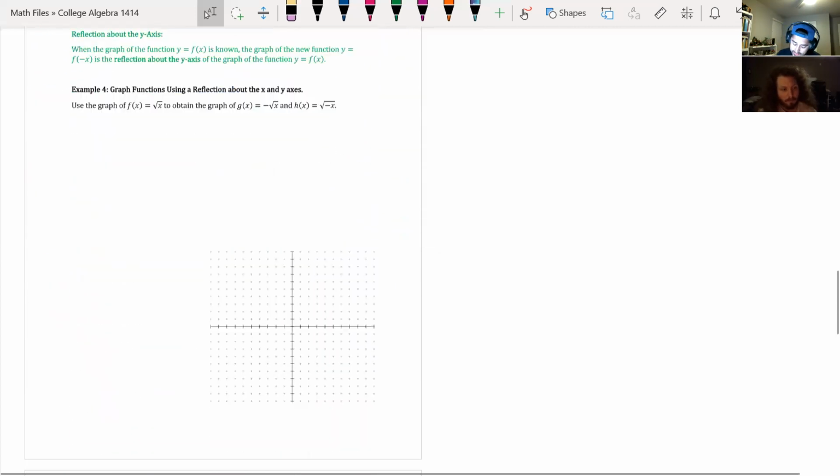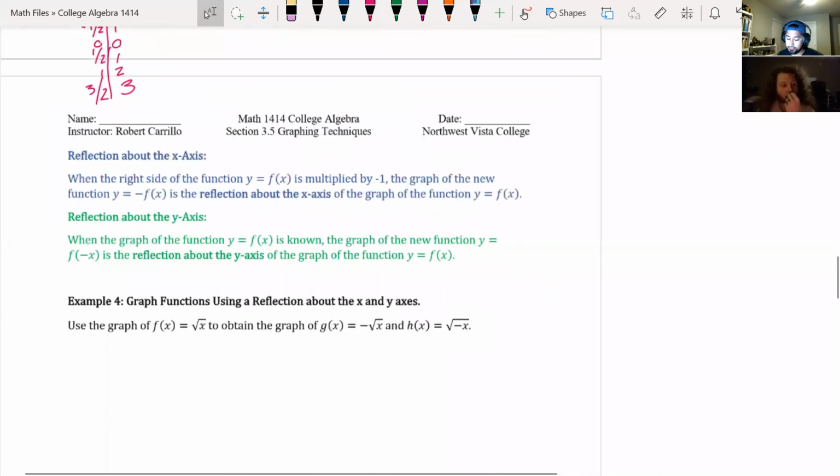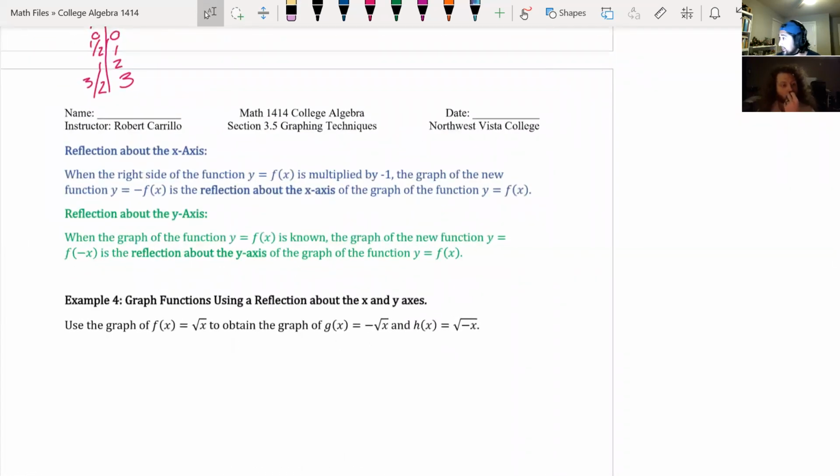All right. The last of the transformations are reflections. So we'll have a reflection about the x-axis if the outside of a function is multiplied by -1. So if we have -1 times f of x, this will reflect over the x-axis.